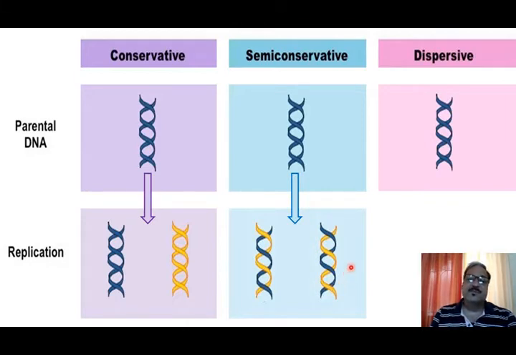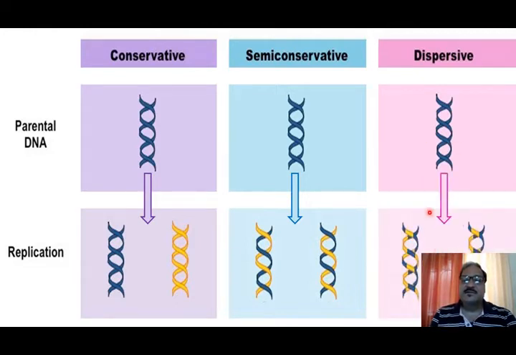Such type of replication we call semi-conservative replication. Now in dispersive type of replication, the newly formed strands and the parental strands are mixed randomly in both the daughter DNA molecules formed.